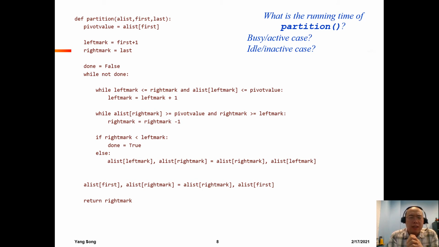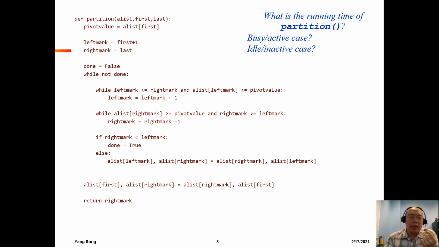But why am I asking about the busy or active case? Well, this depends on how many swaps we want to do. If we execute this line a lot, this means there are many values on the wrong side, so we have to do a lot of swaps.